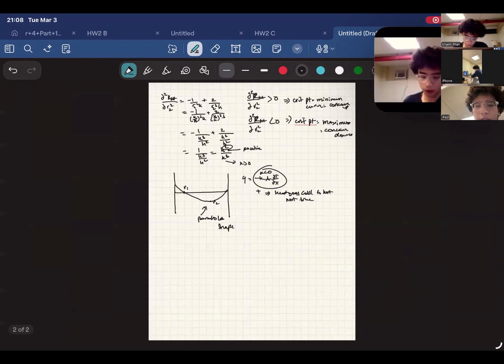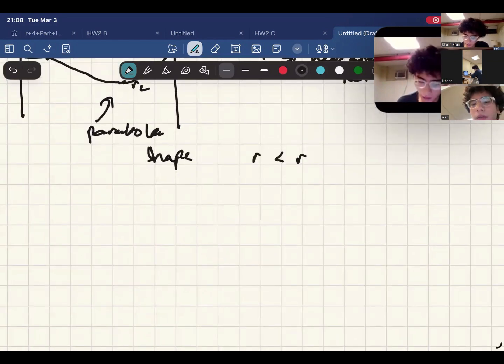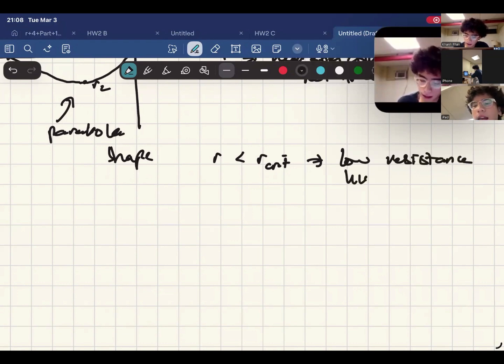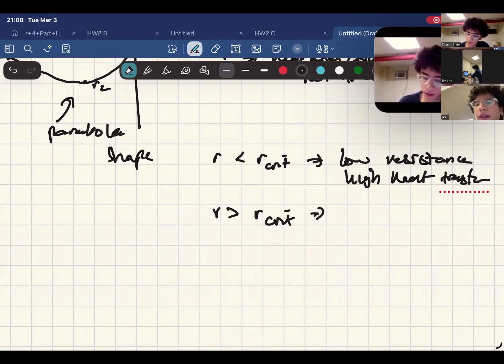And then we know that if R is below the critical value, then we're gonna have low resistance, high heat transfer. And then if R is greater than R critical, then we can have high resistance, low heat transfer.